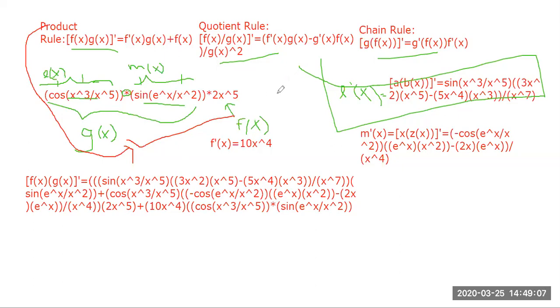This is a highlighter. Okay, that looks like a highlighter.